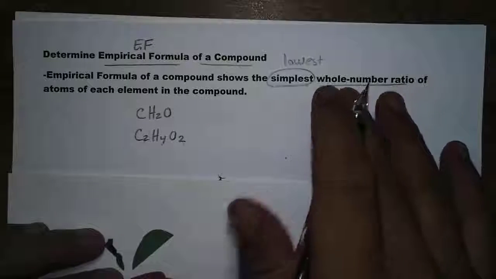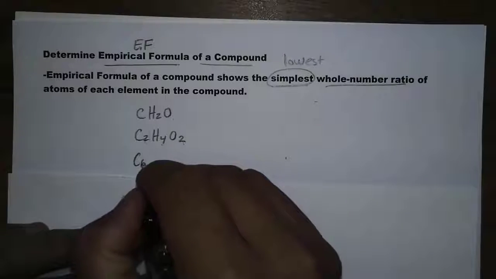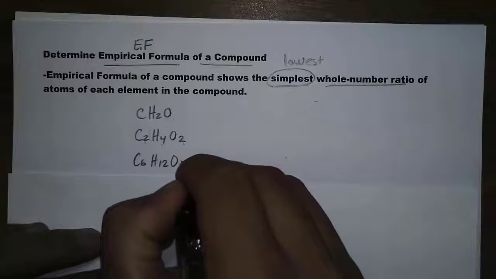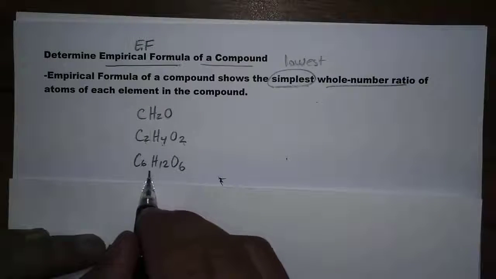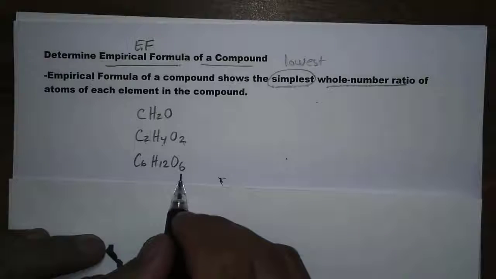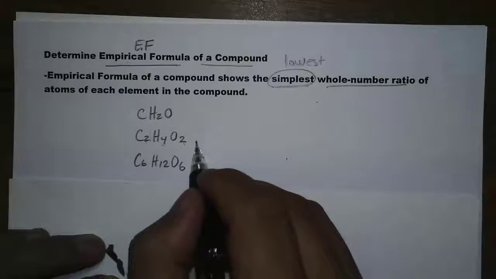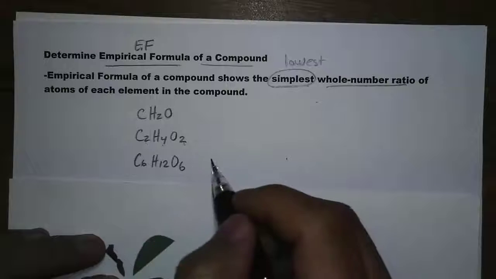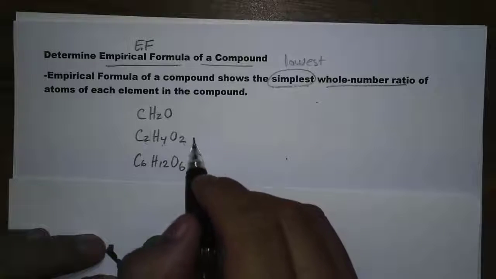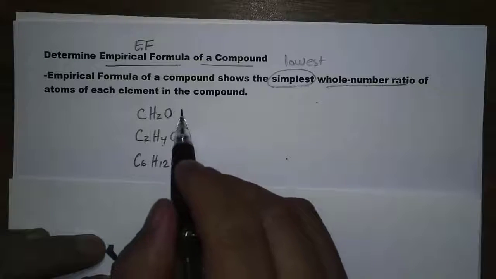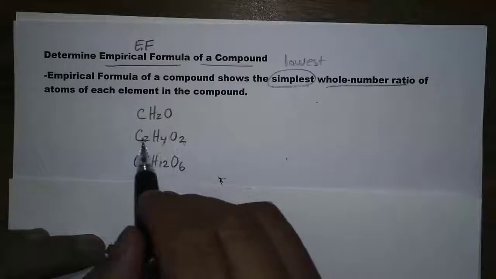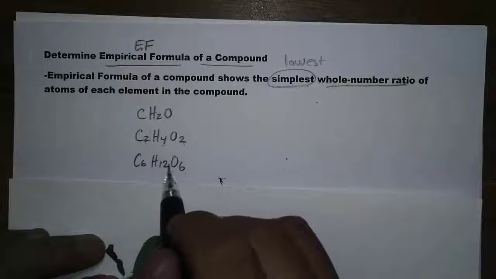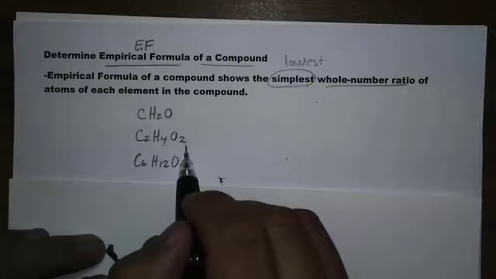Let's look at another example. Here we have C6H12O6. And of course, we can simplify this by dividing all of them by 6. Now, does this mean that these are not actual chemical formulas? No. These are just used to tell you that there are chemicals that have very alike chemical formulas, but the subscripts are different.